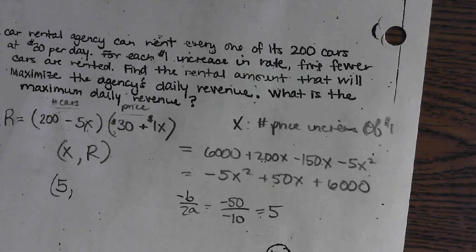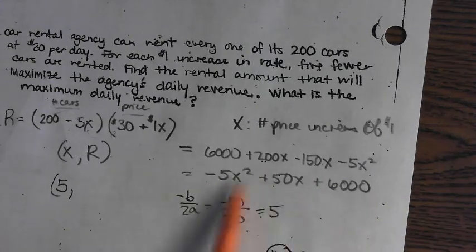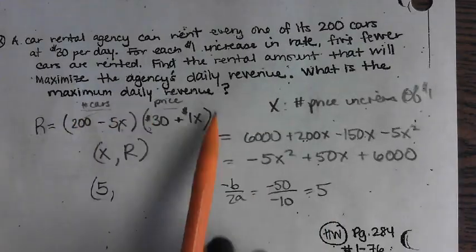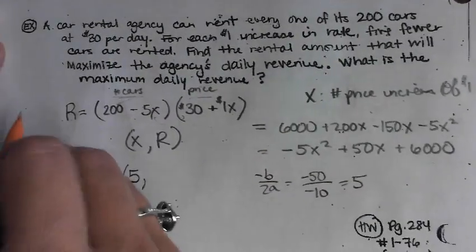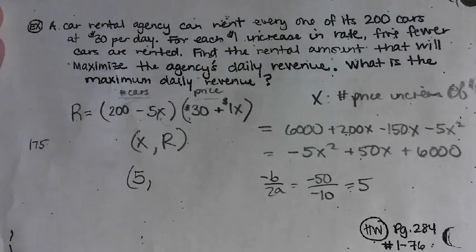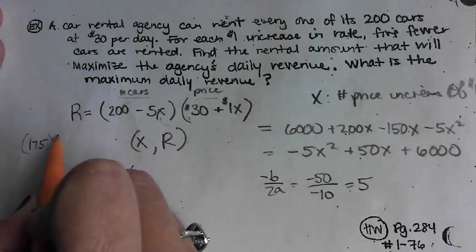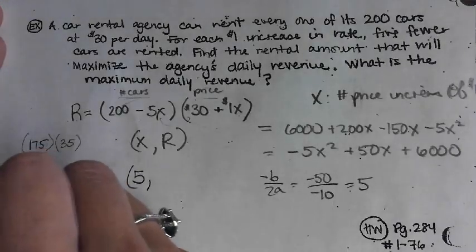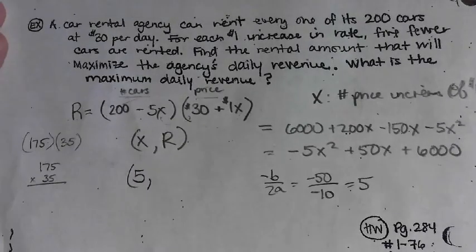And then to find my y coordinate, again, plugging 5 into this would be a little bit challenging. Plugging 5 into here, maybe not the easiest either, but that would be 175 cars at $35 each. So you would just definitely need to do long multiplication there.